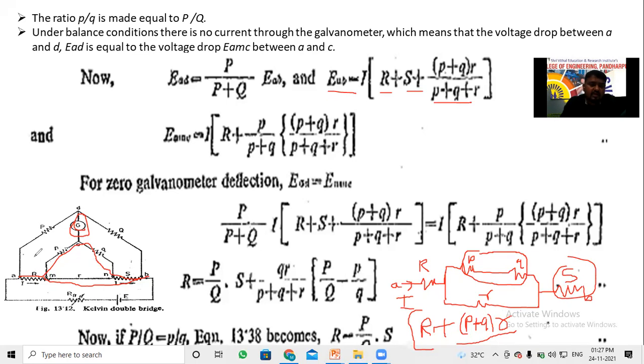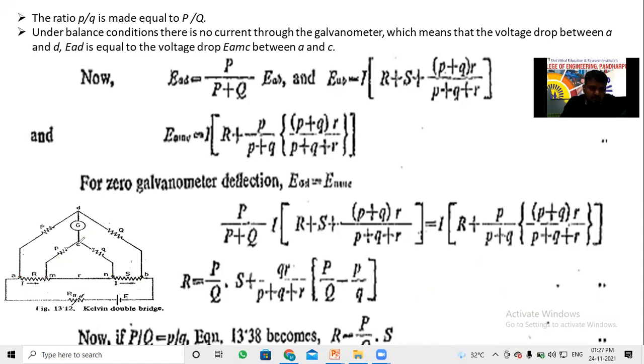Next, I told that EAD is equal to EAMC. So to calculate EAMC, this part we have to calculate here.